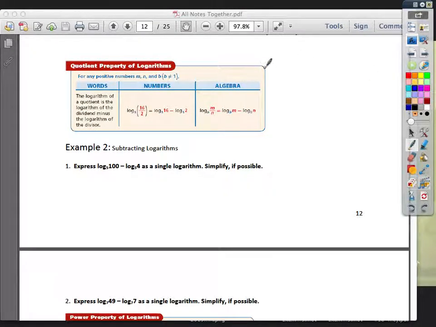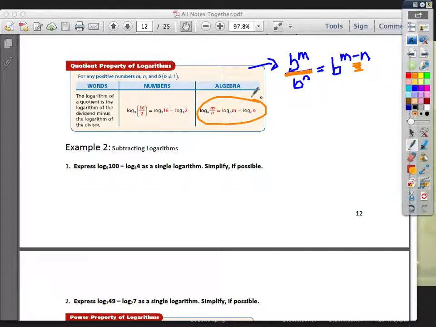Well, if you are a betting man or woman, hopefully not, you're still too young for that. If you had this, what could you do with those exponents? You would subtract them. So this concept of division of two like bases, subtracting those exponents, parallels very well in terms of our logarithms.